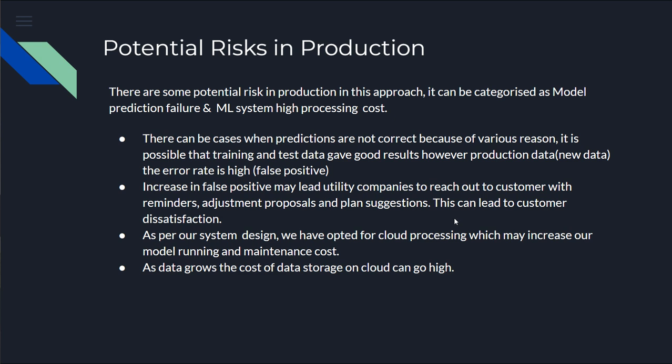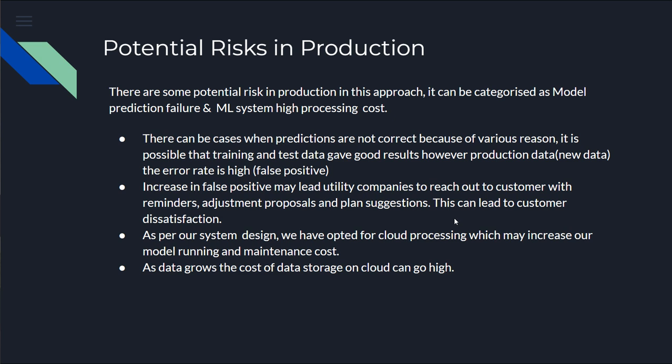There can be cases where the predictions are not correct, for various reasons. It is possible that when we were training the model on the training data and validating it on the test data, we received good results. However, in production, when new data arrives, the error rate goes high, which is basically false positives because it's a classification problem.